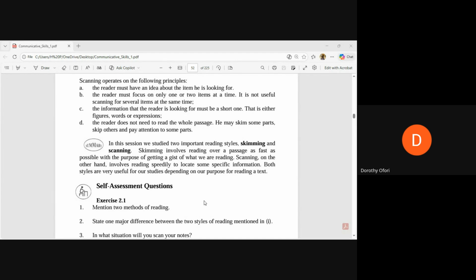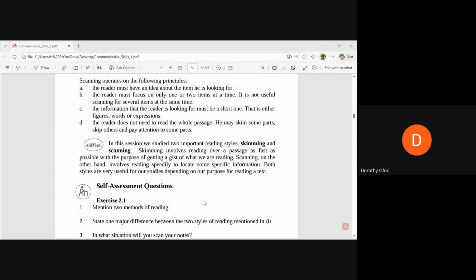So skimming becomes a weakness when it is not necessary in what you want to do. For example, it is a reading technique. That one there you should know. But when you are supposed to get detailed information and you decide to just skim, then it is not necessary.